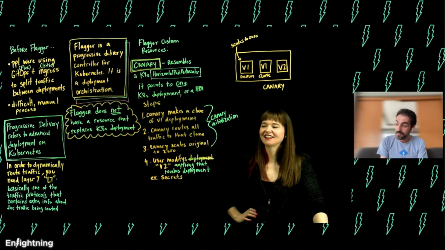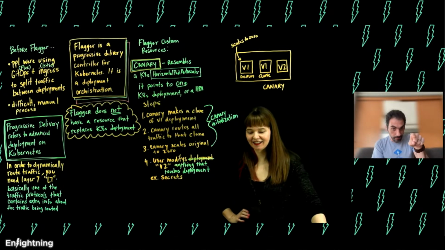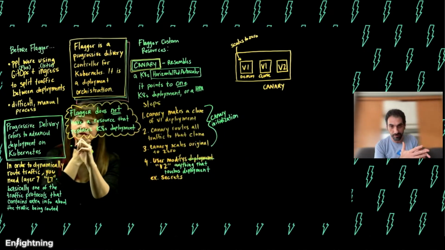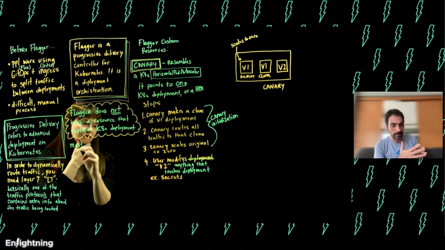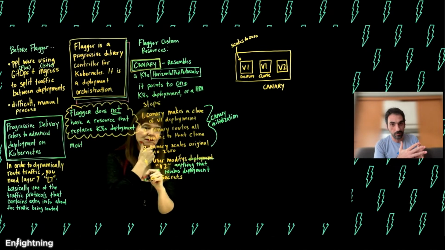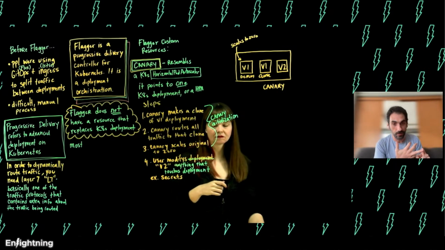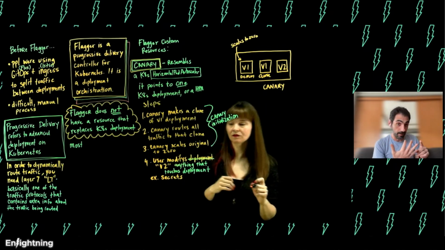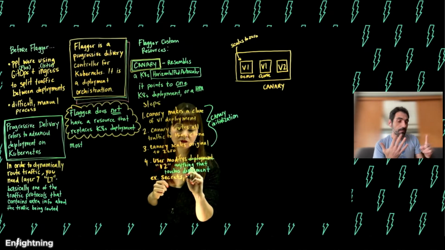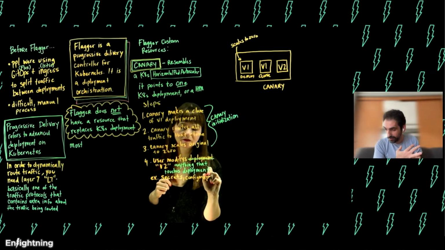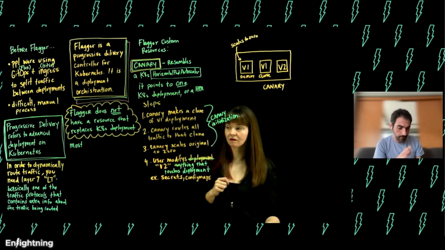Right. So what Flagger does is when it sees a deployment, it discovers all the things that are referenced in that deployment. And there are in Kubernetes two ways of passing configuration to your app. One is through config maps, and the other one is through secrets. And config maps and secrets can be mounted as files, can be loaded in the environment as environment variables for your application, and so on.